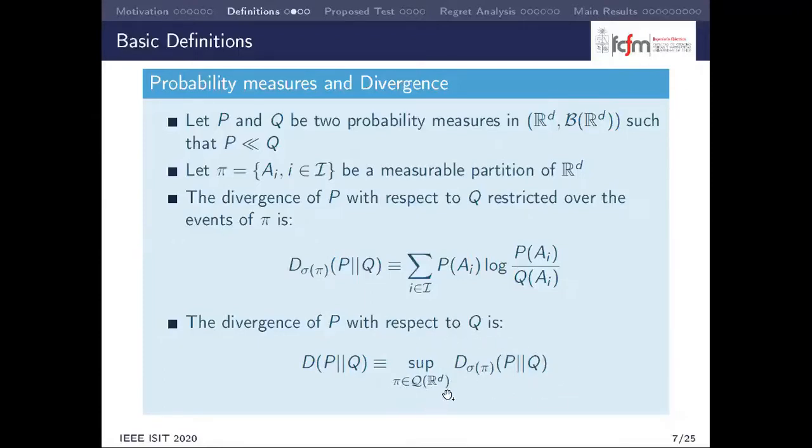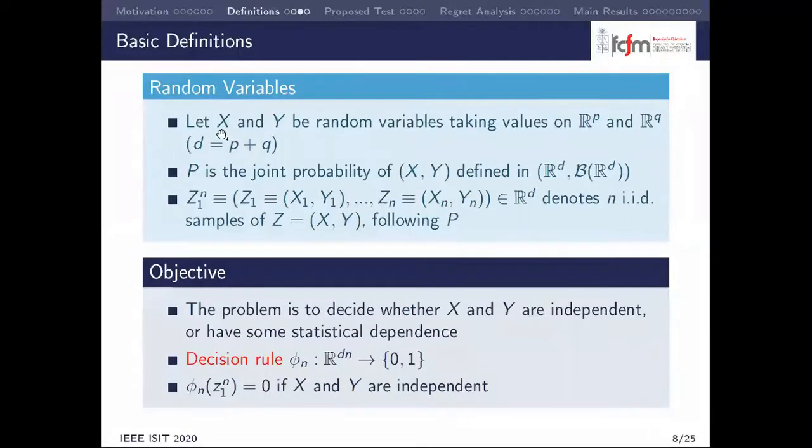Next, we define random variables X and Y which take values on R^p and R^q, where P will be the joint probability of the concatenated version of X and Y. This random variable will be denoted by Z, and of course it follows P. And we will consider samples of Z, which are IID, of course.